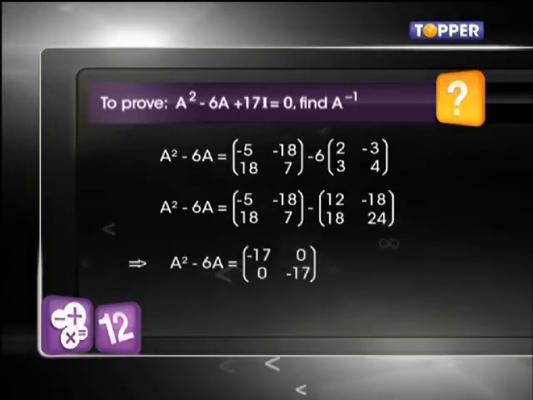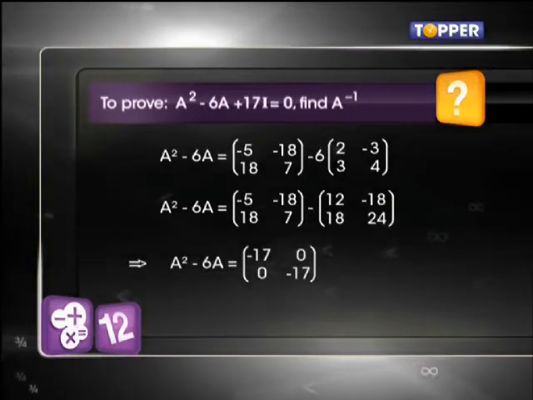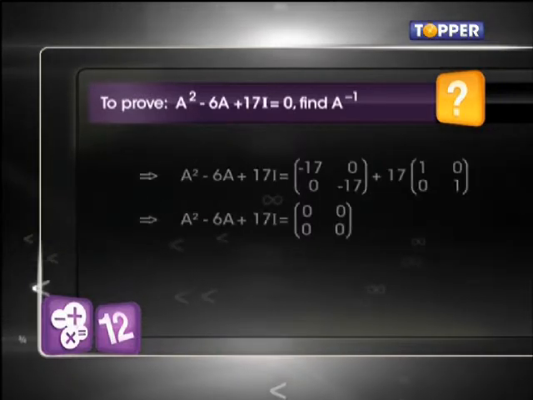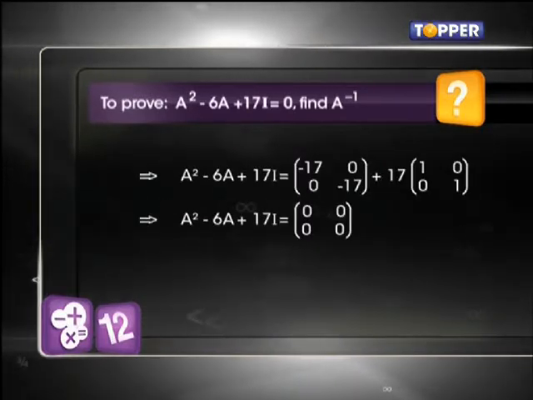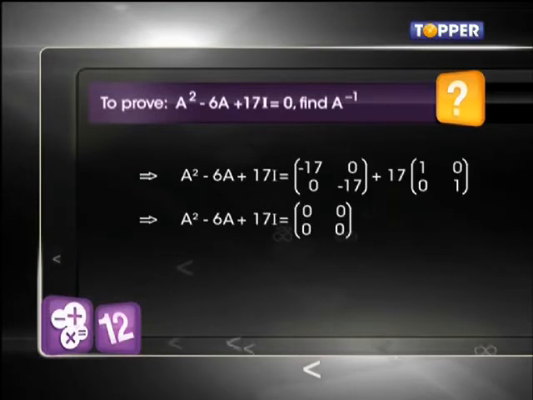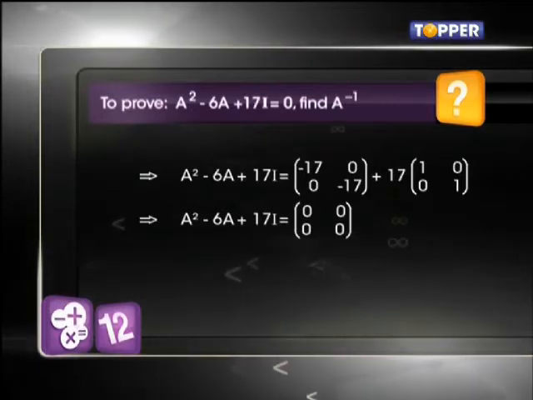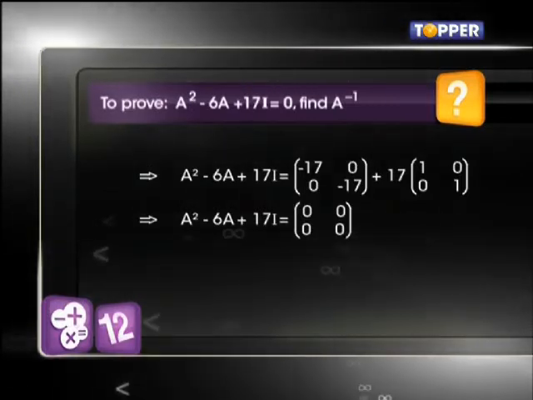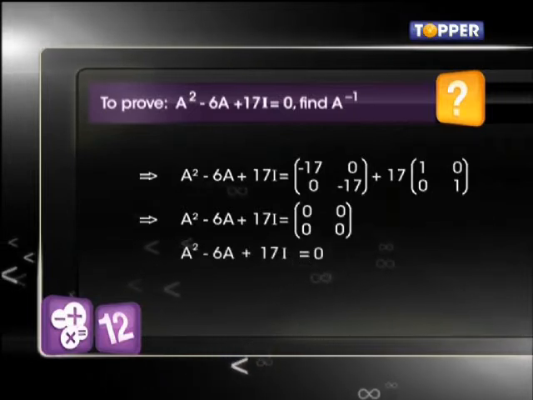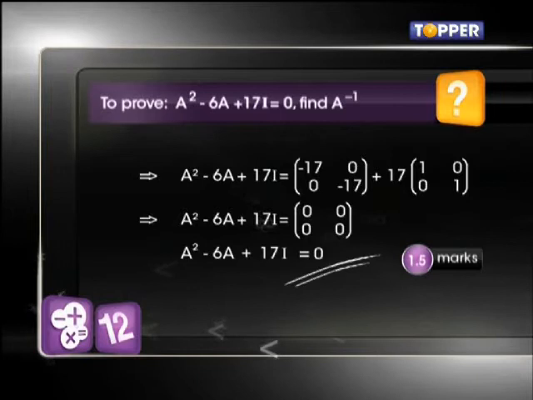Now find the values A square minus 6A. Substituting the values on the left side, we get a 0 matrix, which is equal to the right-hand side. Half the question is done, so you earn 1.5 marks.